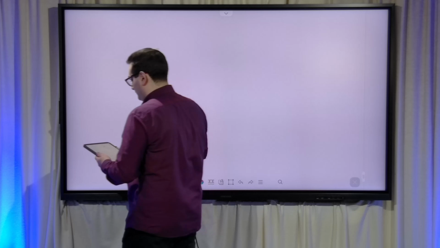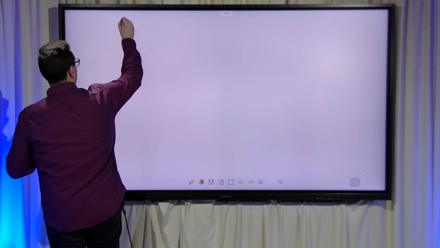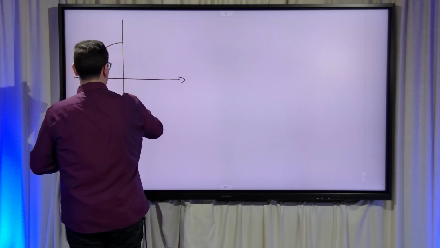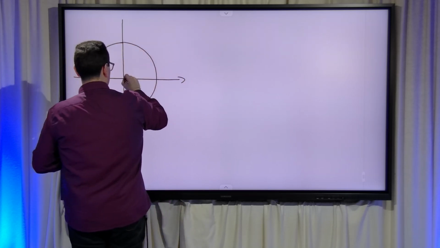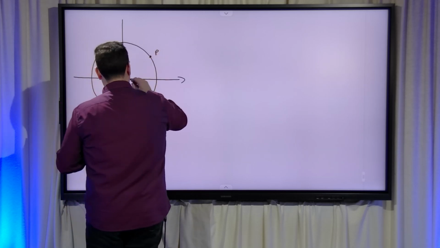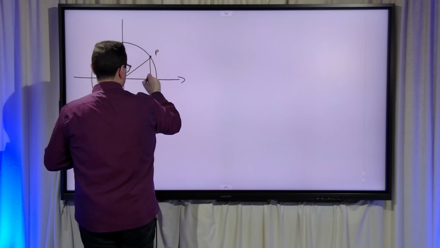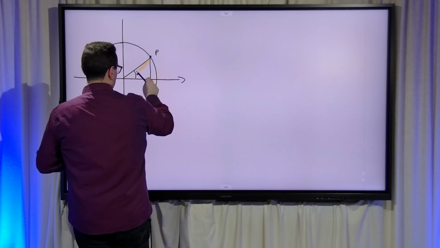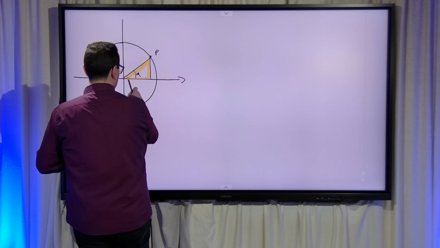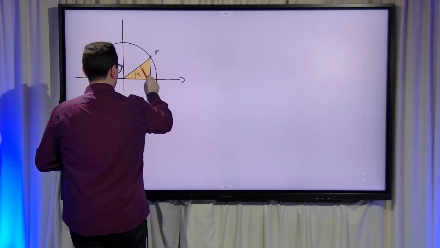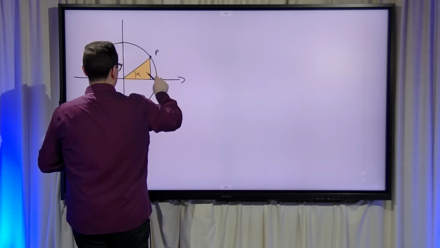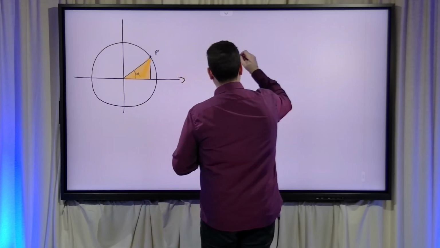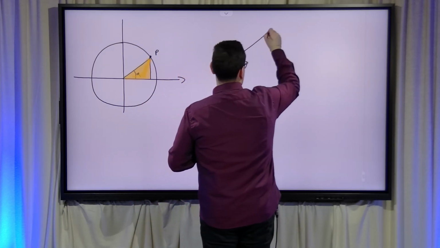Let's go to the last topic. So let's consider again the unit circle. Let's consider a generic point P here. And this time I want to consider this right triangle. So let's draw it here.